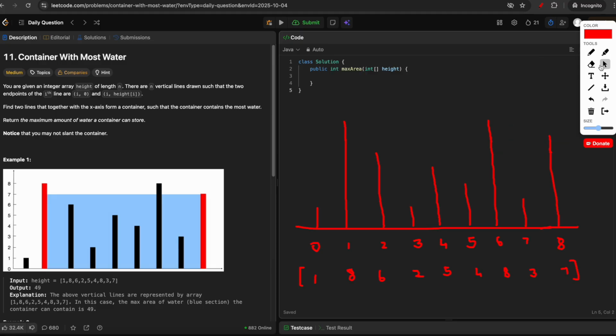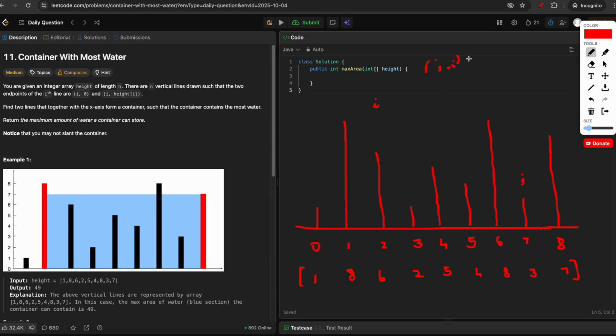Now let's go over the approach. For any two lines, let's say line i and this is line j, if we want to find the amount of water this can hold, the width will be j minus i, and the height will be the minimum of height of i and height of j.